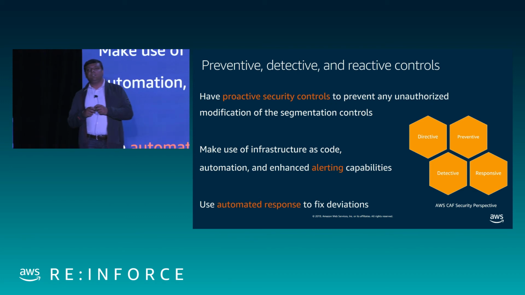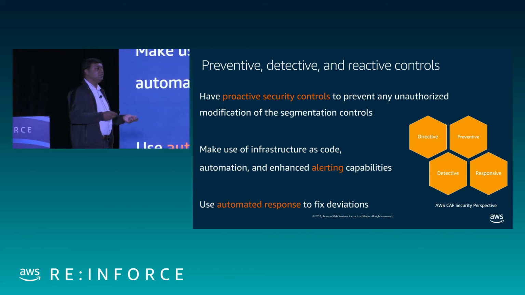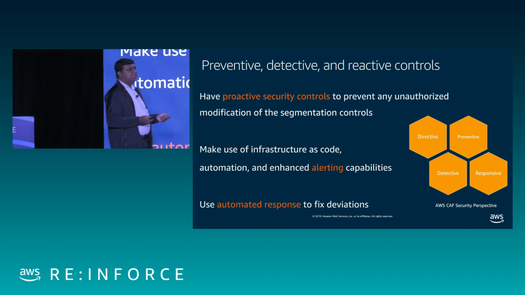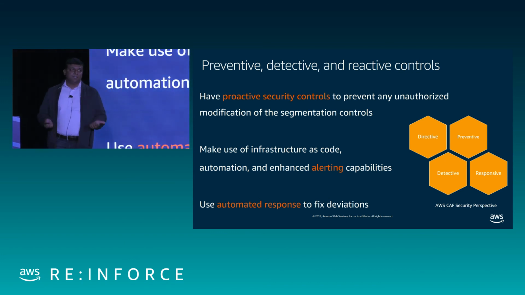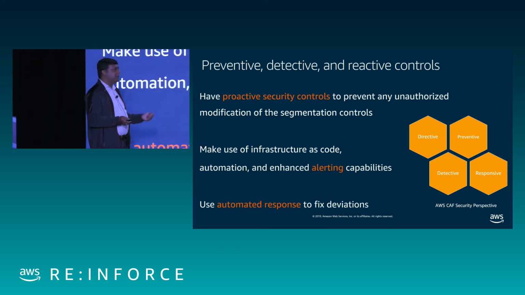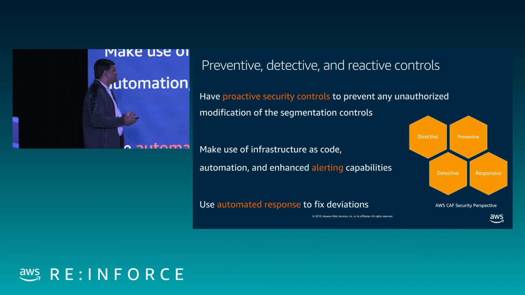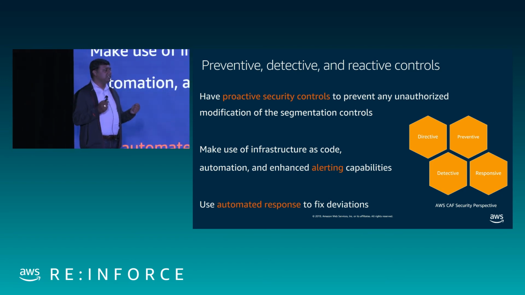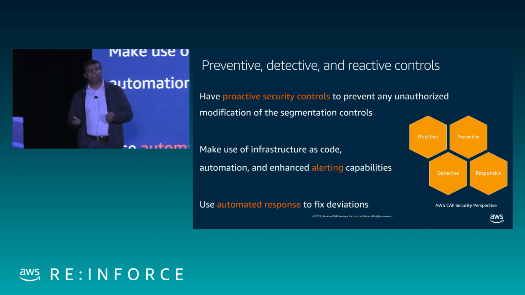As part of preventive, AWS provides multiple services like CloudWatch Events, AWS Config, and CloudTrail that can be used to detect any changes to your segmentation boundaries or to your scope. After that is detected, comes the responsive framework, where you need to respond back, and most probably you will try to do auto remediation through Lambda functions so that you change back the state of those segmentation controls to what was the intention of those controls.